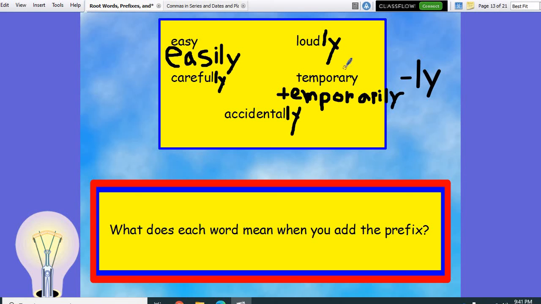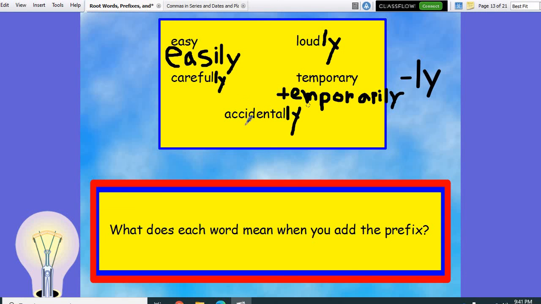Yeah, short time. Temporary just means something that's not going to last very long. So temporarily closed means they're closed just for a little bit. I've heard of temporary tattoos. They don't last very long, so they're just temporarily on your arm.